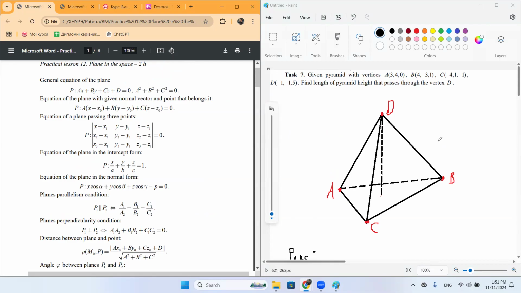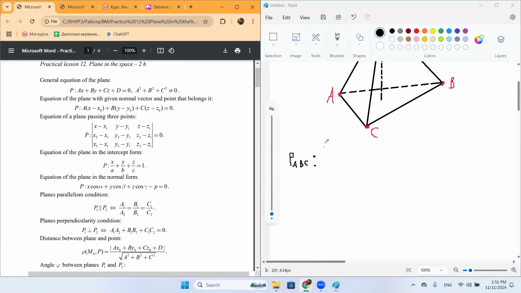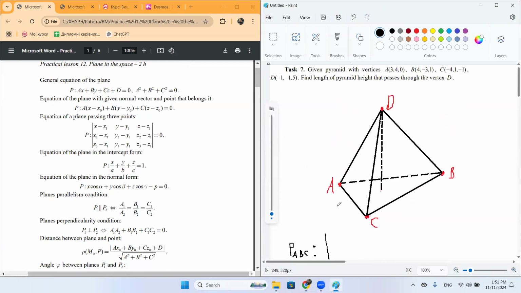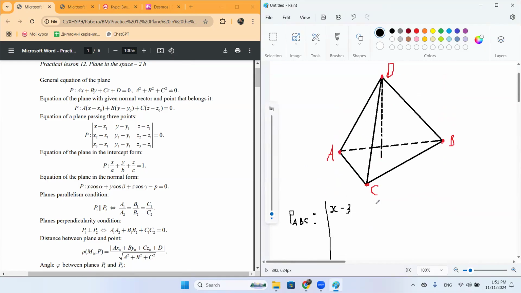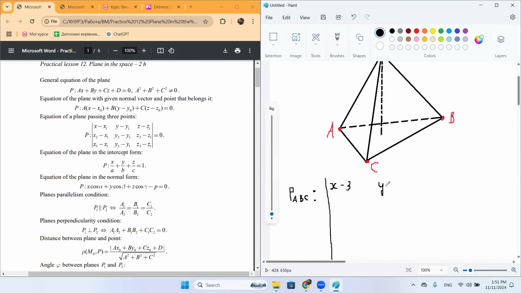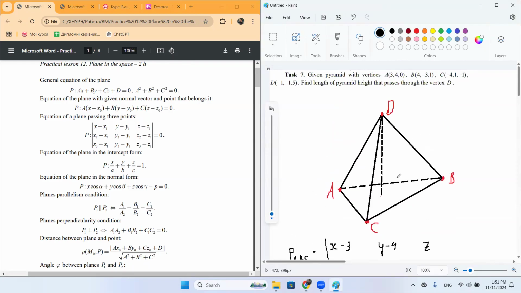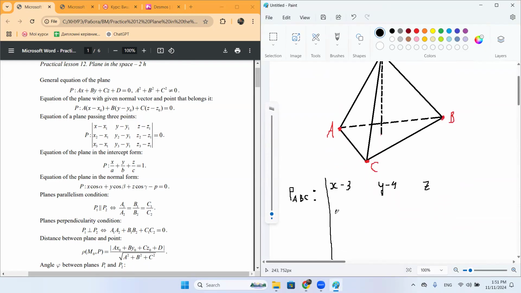We need to find the formula of the plane passing through 3 points. Correct. Yeah, that's correct. So x minus 3, y minus 4, z. Then 4 minus 3.